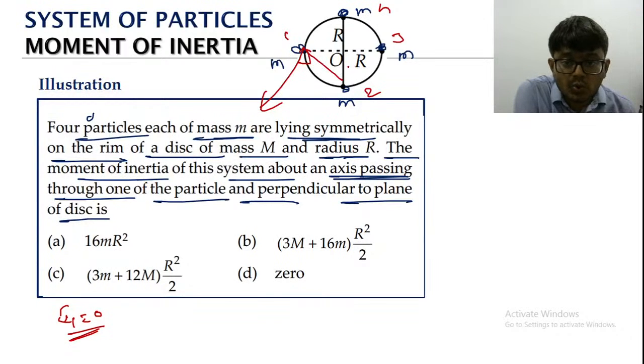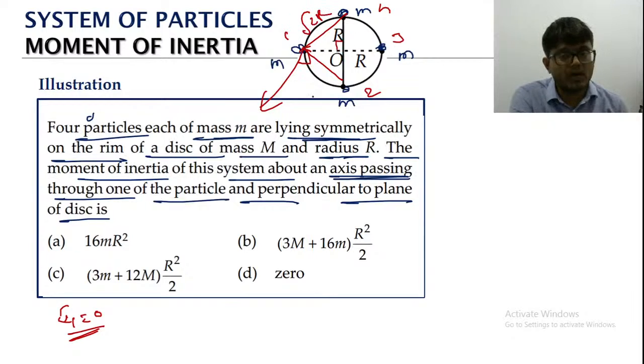Particle 2 and particle 4: look at this right angle triangle, with sides R and R. The distance is root 2 R, the hypotenuse. How does root 2 R come?